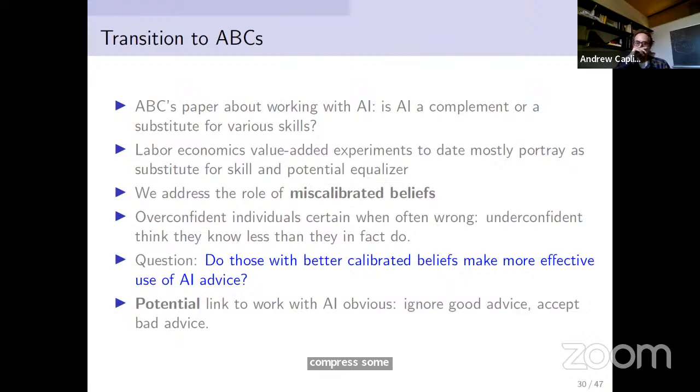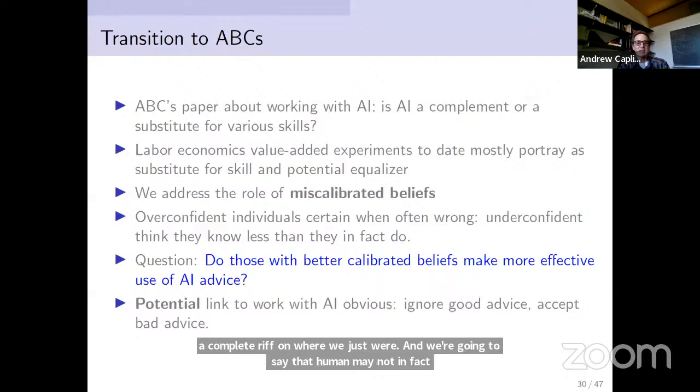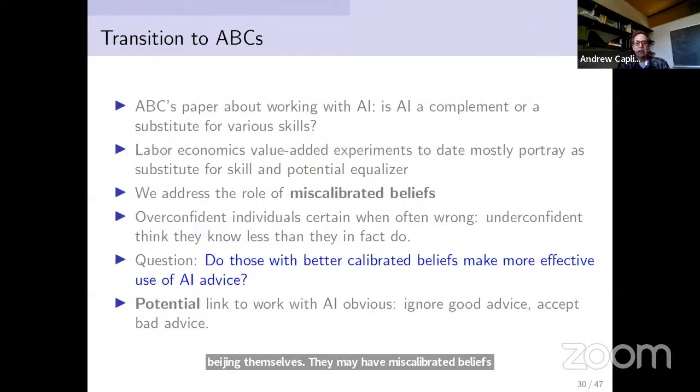In this paper, the ABCs, it's called Ability, Beliefs, and Calibration. We're going to do something which is a complete riff on where we just were, and we're going to say that humans may not, in fact, be Bayesian themselves. They may have miscalibrated beliefs. An overconfident individual will be certain about something, even when they're often wrong. And the underconfident will think they know less than they in fact do.